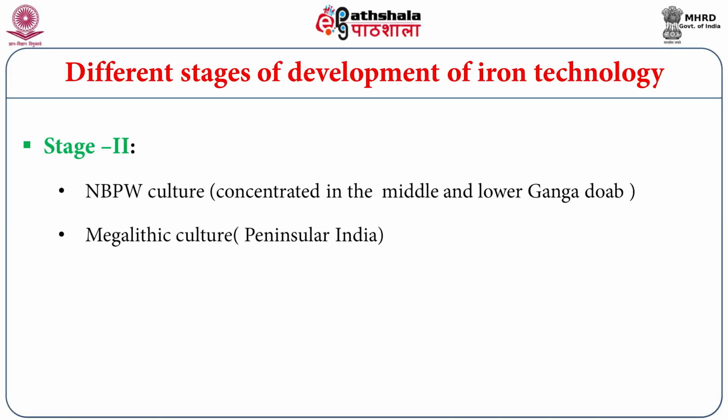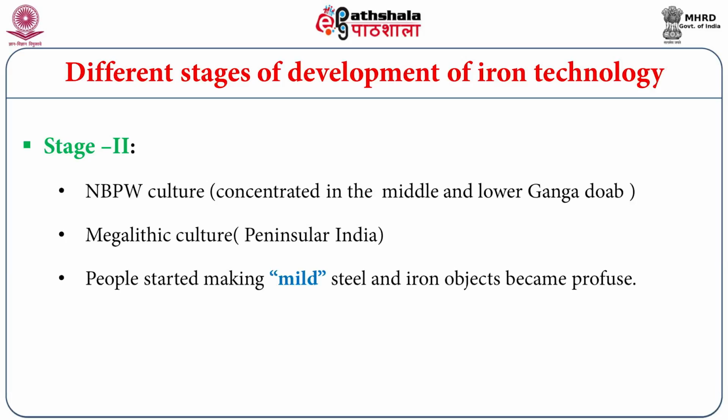In southern India, we have the megalithic culture, or the sites with large burial monuments. They were distributed all across southern India, and people started making iron technology. Mainly they started making iron tools. Sometimes they also produced what is known as mild steel.